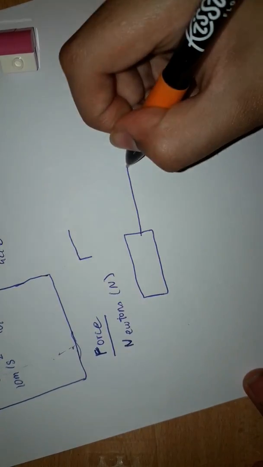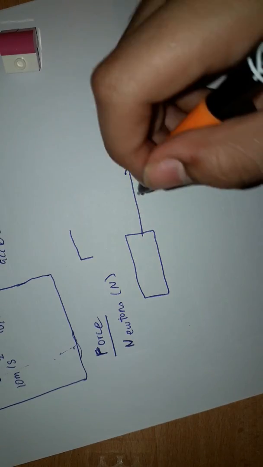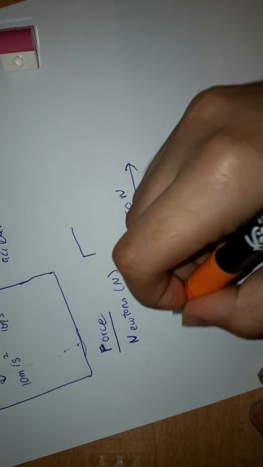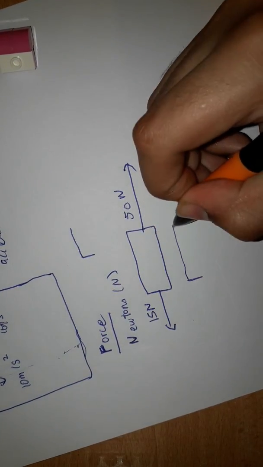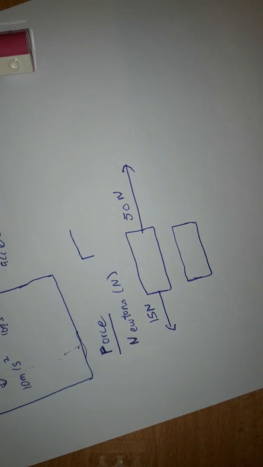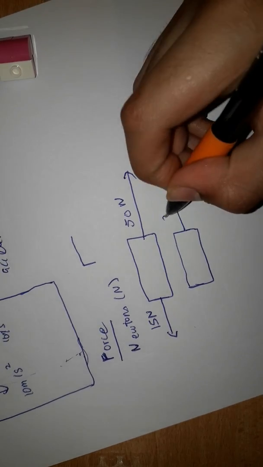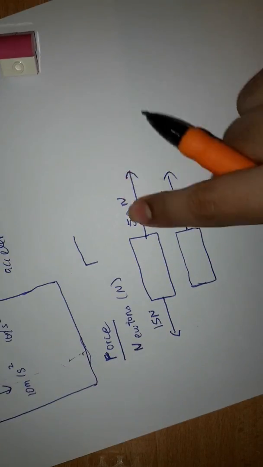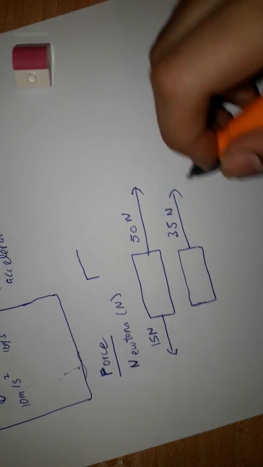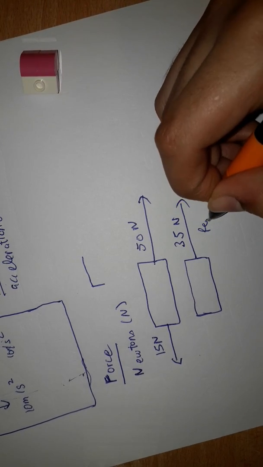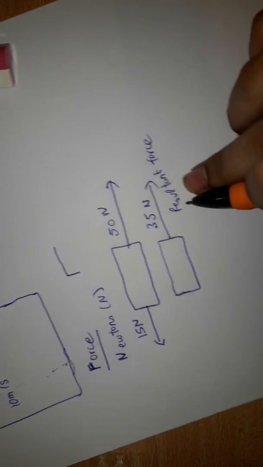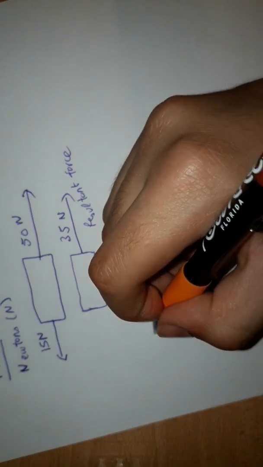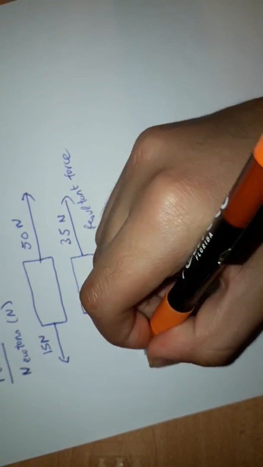If a car has a driving force provided by the engine of, say, 50 newtons, and a frictional force of, say, 15 newtons, the resultant force of the car would be 50 minus 15, the bigger minus the smaller, which is 35 newtons. Because the driving force is greater, the car is going to move this way. This is known as the resultant force.